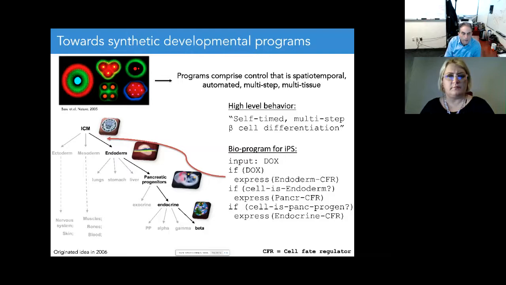The next step is, once a cell becomes endoderm, have a genetic circuit that causes that endoderm cell, and only when it is ready, not before it is ready, to take the next step from endoderm towards pancreatic progenitors. And when it's pancreatic progenitors, take the next step to endocrine, and so on and so on. So basically, it's a set of if-then statements that drive in an automated fashion this entire cellular differentiation process.